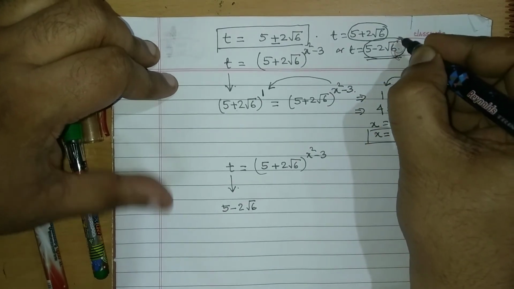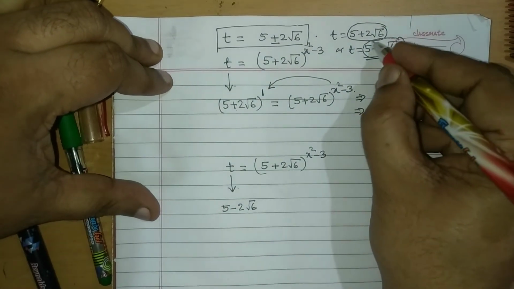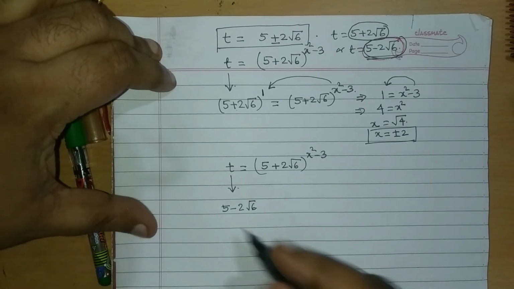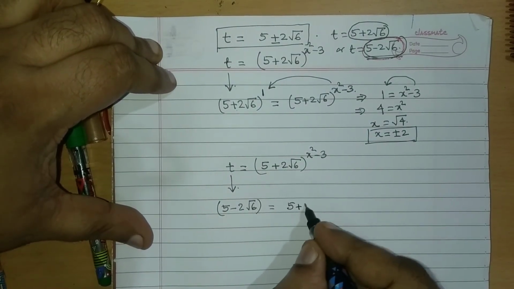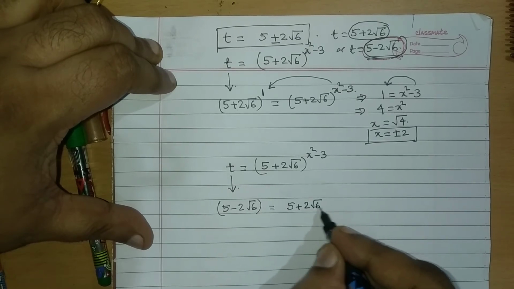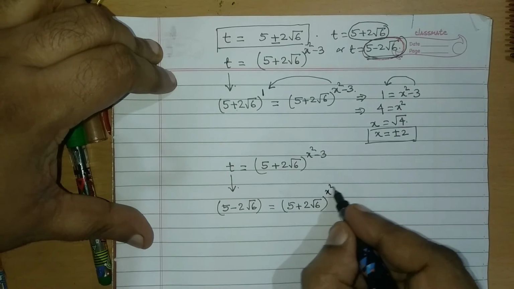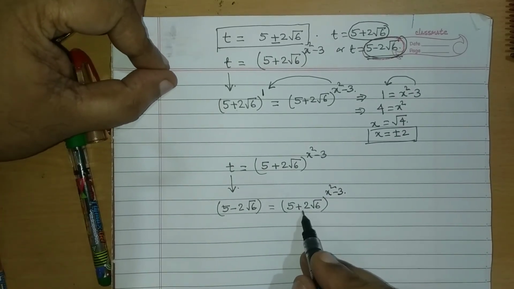So the other value of t is 5 minus 2 root 6. Okay, so now this is equal to, we have taken the value of t as 5 plus 2 root 6 whole to the power x square minus 3. So here is minus and here is plus.